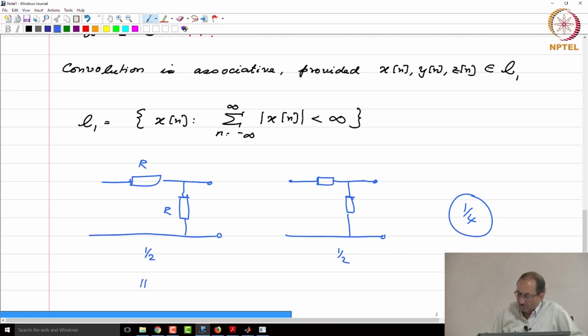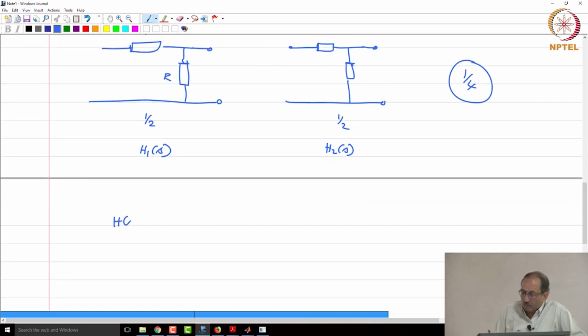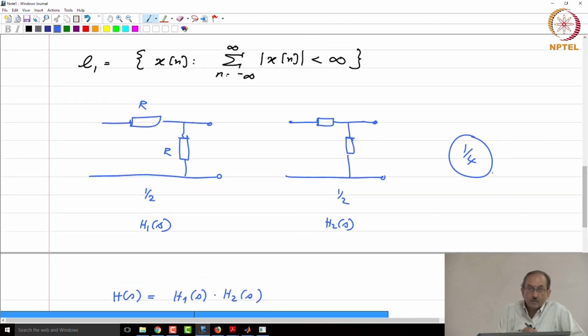Let us call this h1 of s, this is h2 of s, and the overall system h of s is H1 of S times H2 of S. If you expect the gain to be 1 over 4, what is the assumption here?